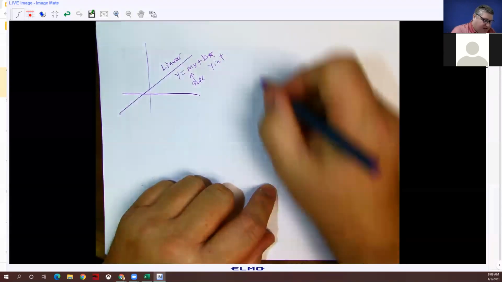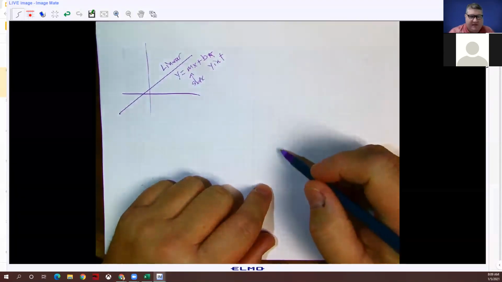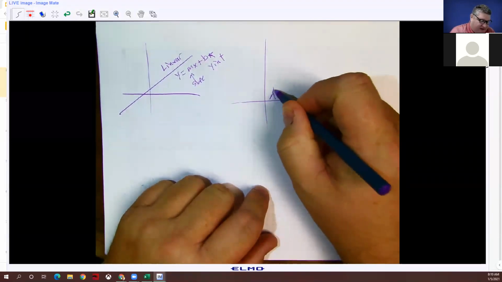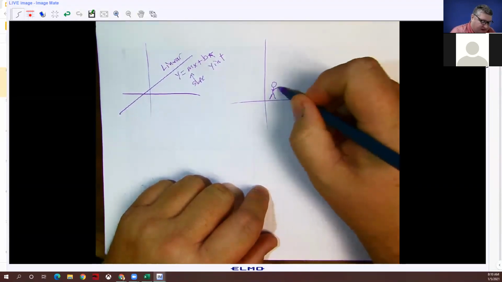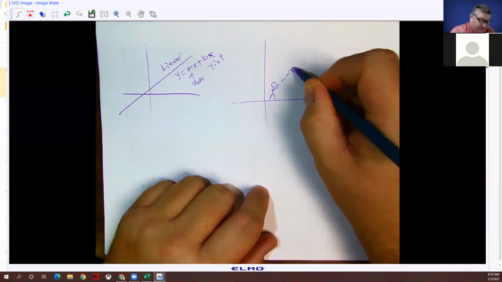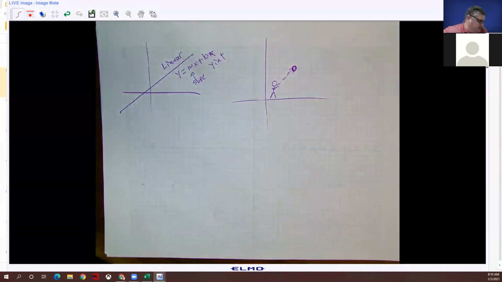Then, if I were to take something a bit more complex, for example, if I have somebody standing here and they throw a ball like this, what's going to happen to that ball once I've thrown it up in the air?